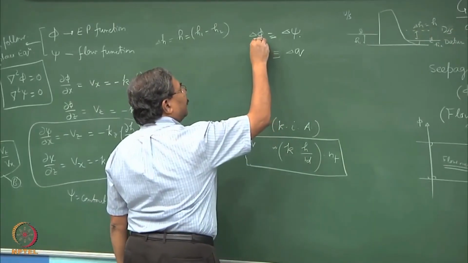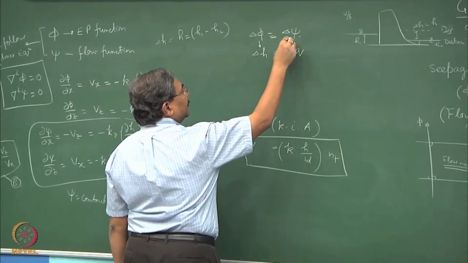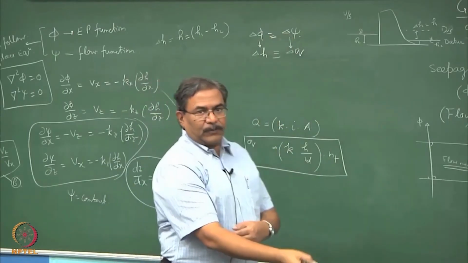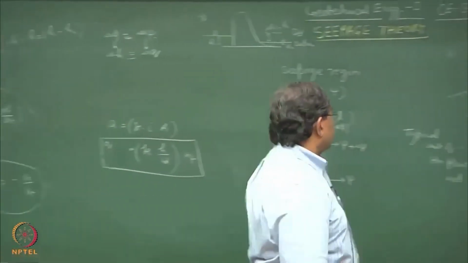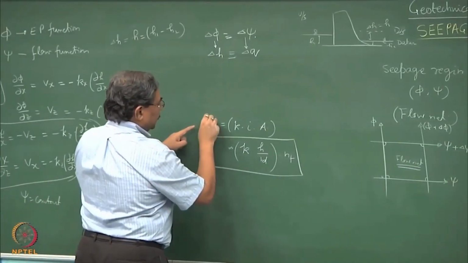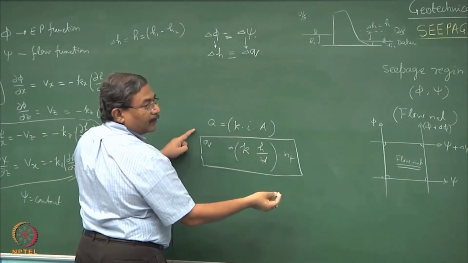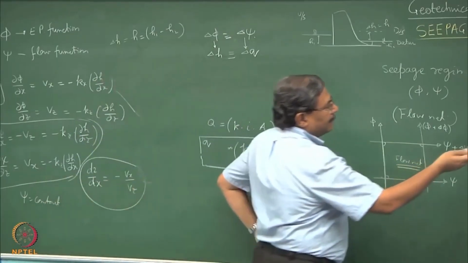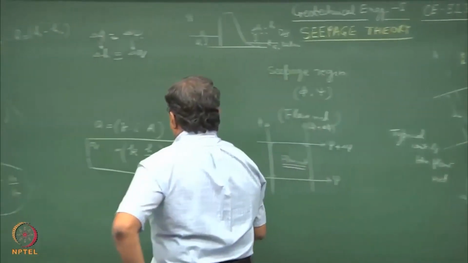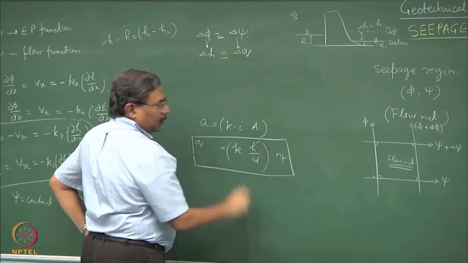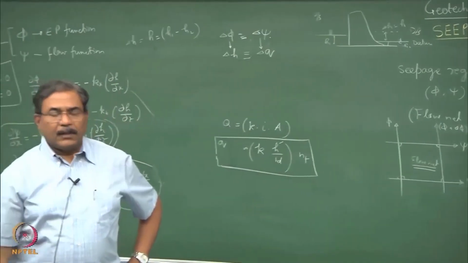No, my idea was that delta phi is nothing but delta H function and delta psi is delta Q function. This is what I am trying to show. So, basically if you use this function Q, which is the total discharge taking place through a system, what I have to do is plot the flow nets and compute H, which is causing flow to occur.